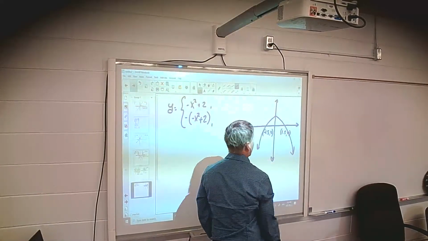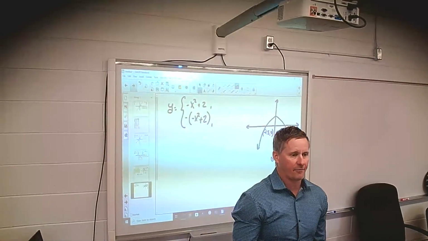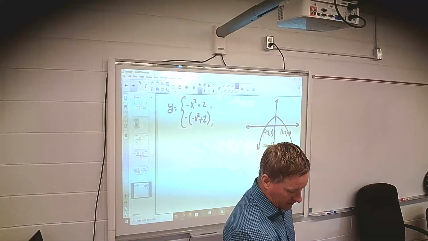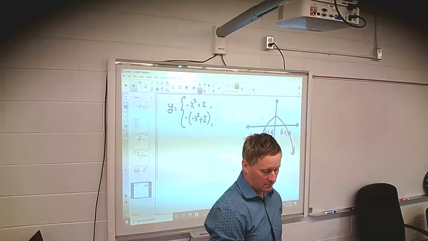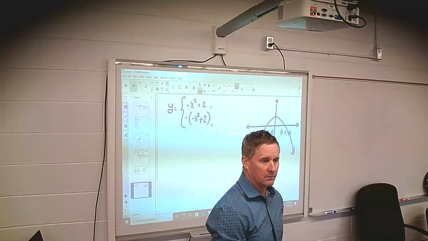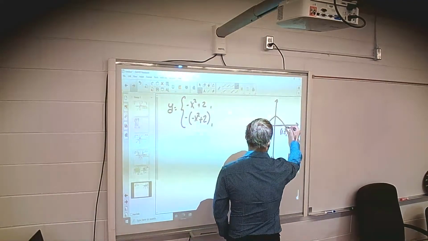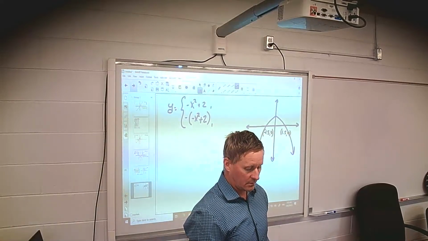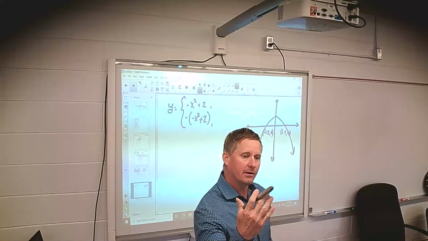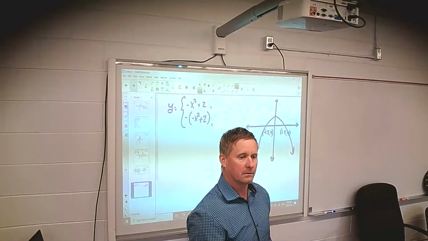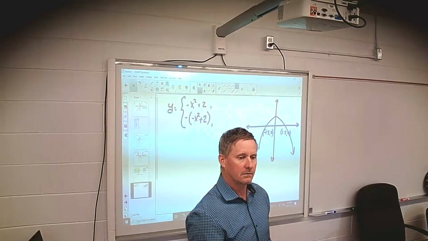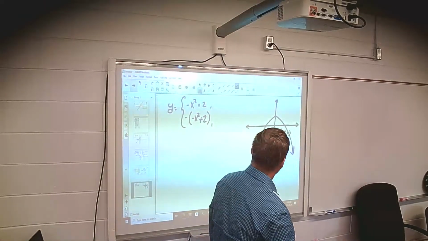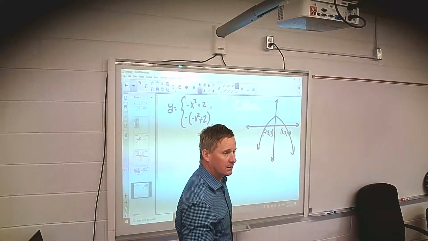Okay, so looking at your graph, what part of that graph are you using? What part of this graph appears in that one on your page? Explain it to me using the domain. Let's go for x. Is x less than or greater than negative 1.5?